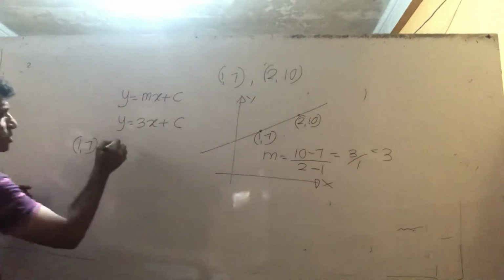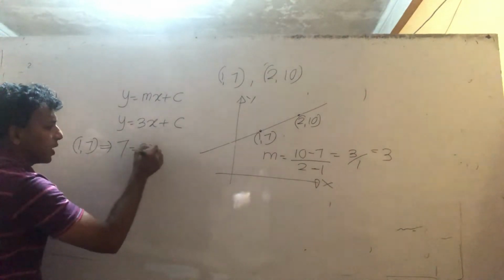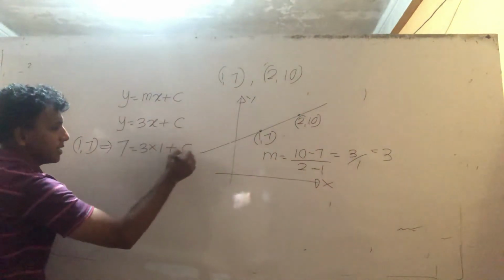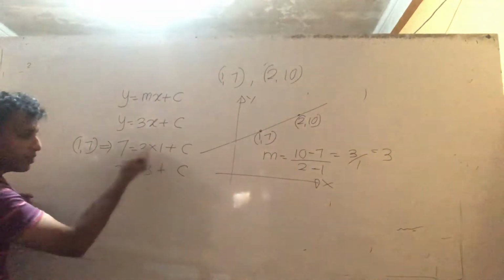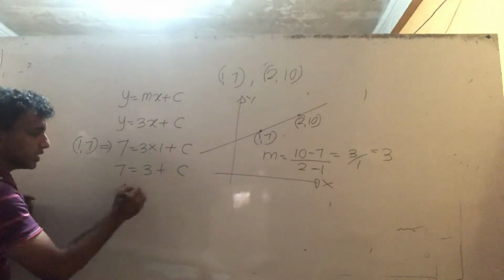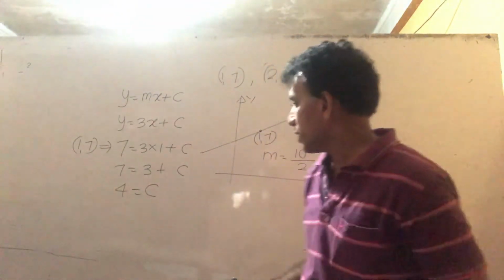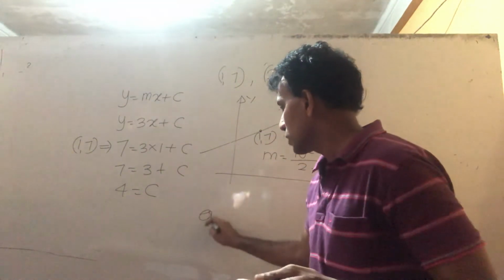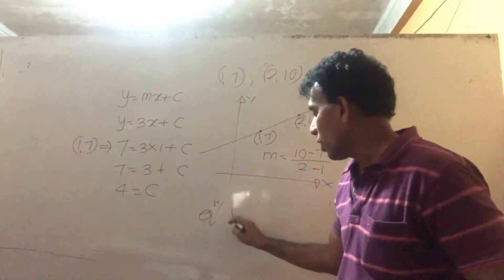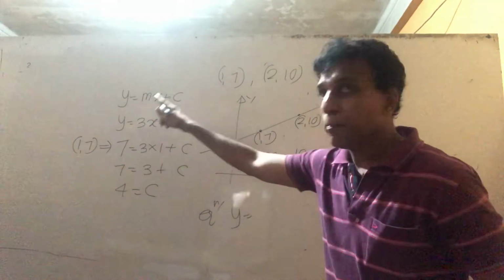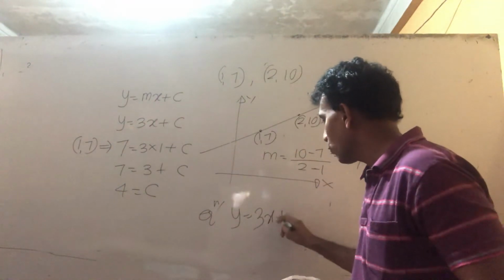So put y as 7 and x as 1: 7 equals 3 times 1 plus c. So 7 equals 3 plus c. Take the 3 to this side: 4. c equals 4. So you know c, you know m. Therefore the equation of the straight line y equals mx plus c, with m as 3x and c as 4.